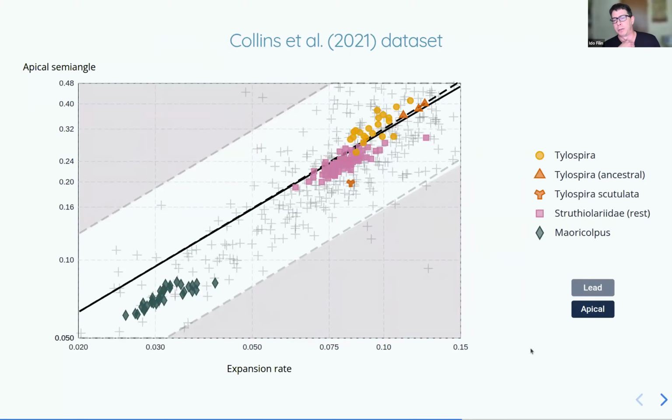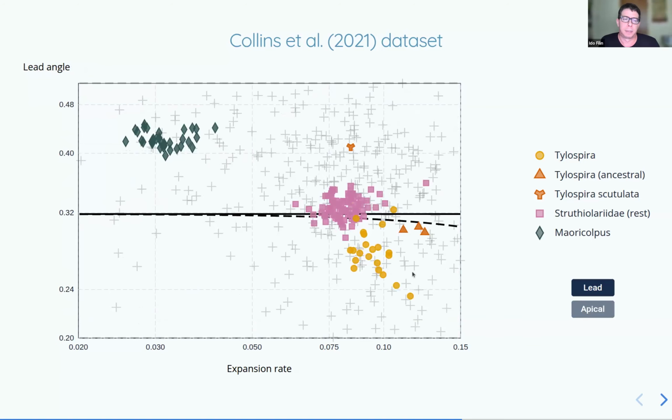And this is a much larger data set. These are individual specimens, not population means anymore. And we can see again linear trend within each group between apical angle and expansion rate, and overall, of course. And this linear trend disappears both overall and within each group when we switch to the lead angle view.